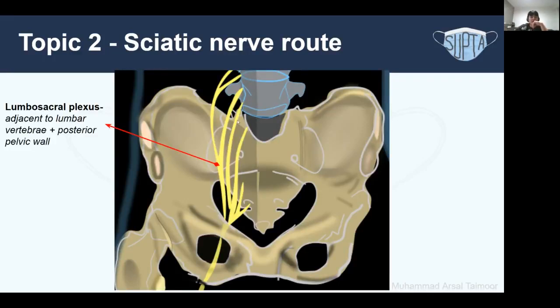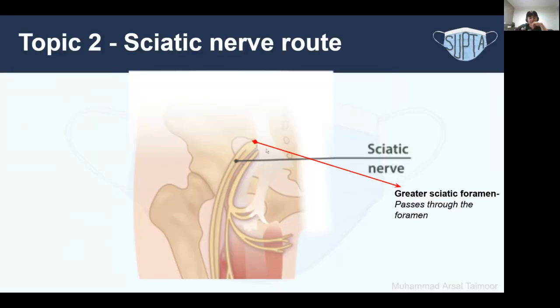And then it arises horizontally, but then it goes down vertically. So it's like a water slide. That's how I remember it. It passes through the greater sciatic foramen. If you remember, the sacrospinous ligament creates that foramen for the sciatic nerve to pass through.